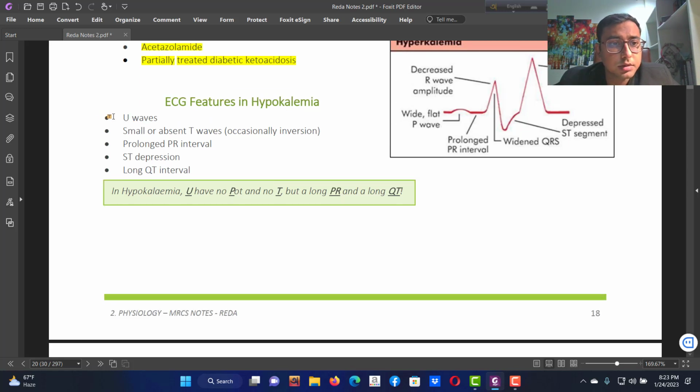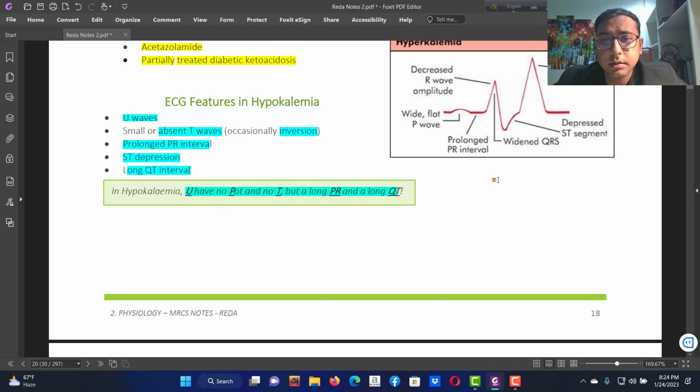ECG in hypokalemia shows a very unusual U wave, absent T wave or T wave inversion, ST depression, prolonged PR interval, and long QT. So you have a flat T, but a long PR and a long QT. That is, flat T and U wave present, with long PR and QT interval.